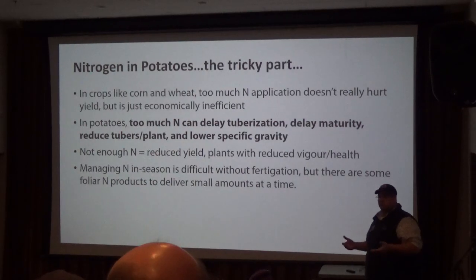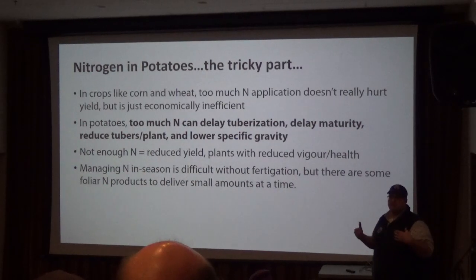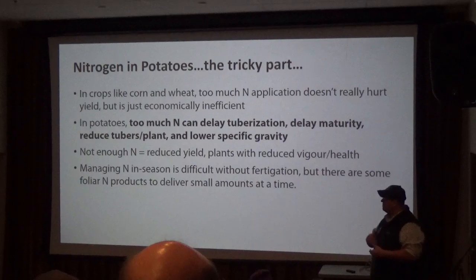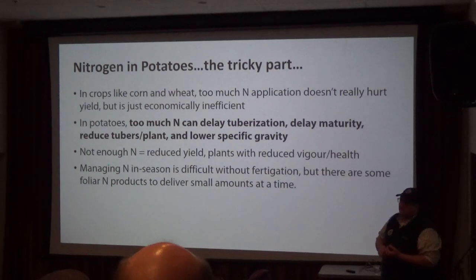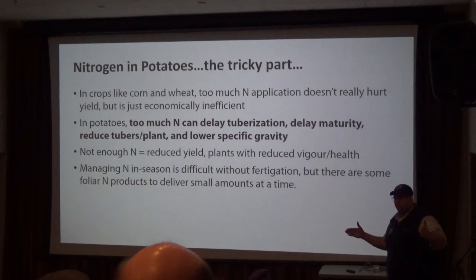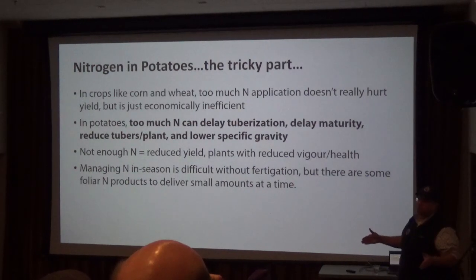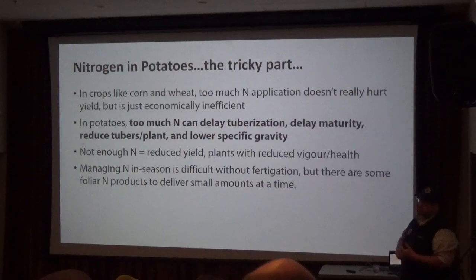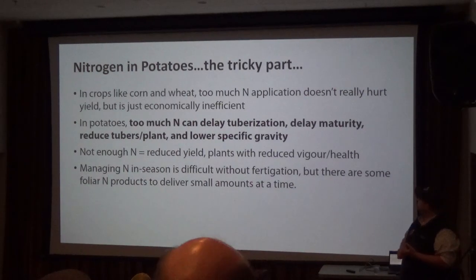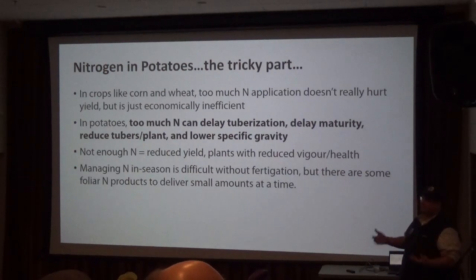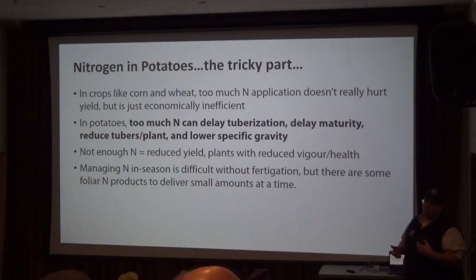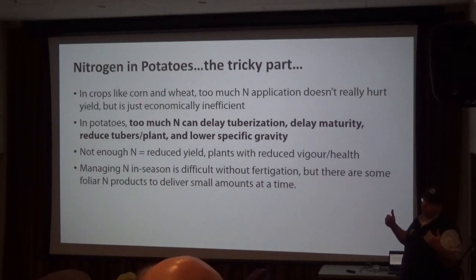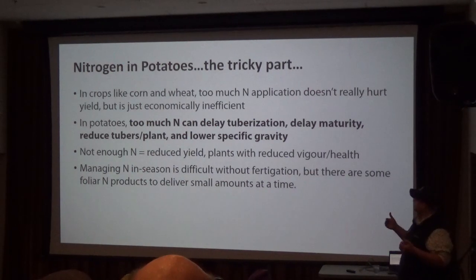In potatoes, if we put on too much nitrogen, we've documented for a lot of years that it generally delays tuberization, extends the vegetative window of the crop, keeps the green too long, delays it setting tubers, usually reduces the number of tubers per plant, and then delays that maturity, delays skin set, and lowers specific gravity.